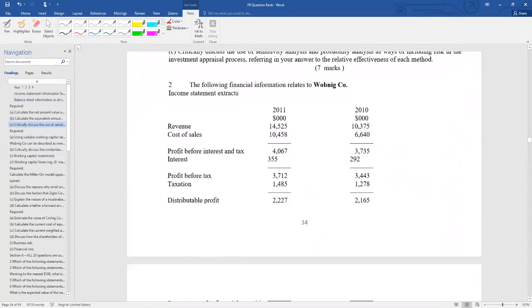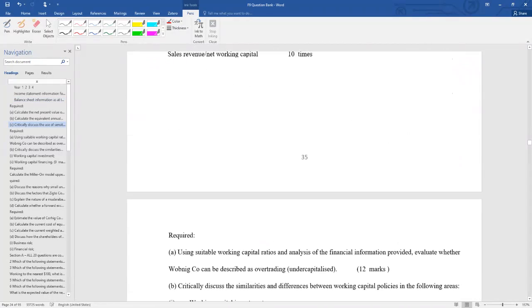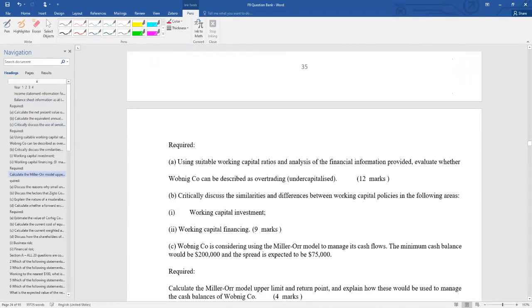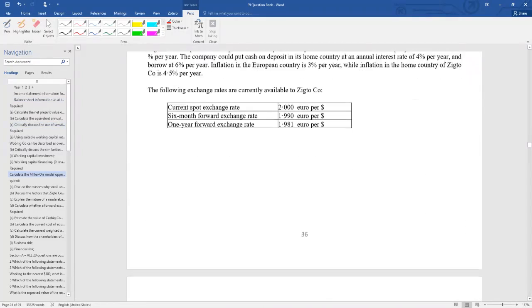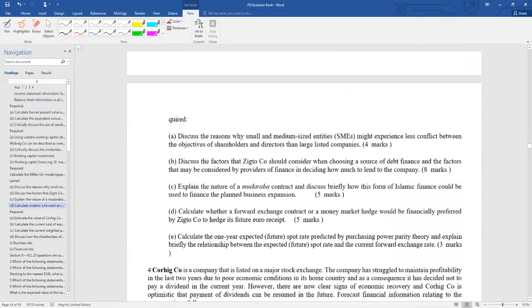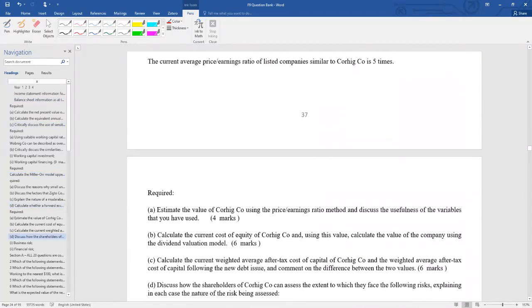Read what it is asking: calculate the equity value of any company using the following business valuation methods. Roman 1 is the dividend growth model, and 2 is net asset value.